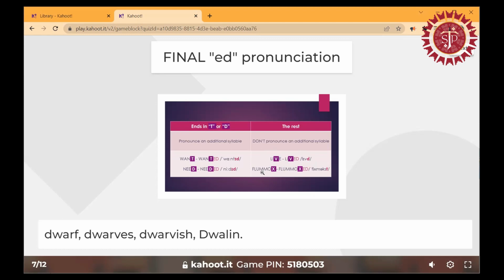In this case, flummox, flummoxed, just like that. I should have put other examples here, but we will practice when we read. So when we read, pay attention to verbs in the simple past, if you have to pronounce this additional syllable or not.